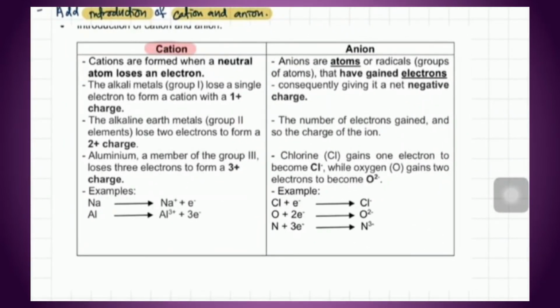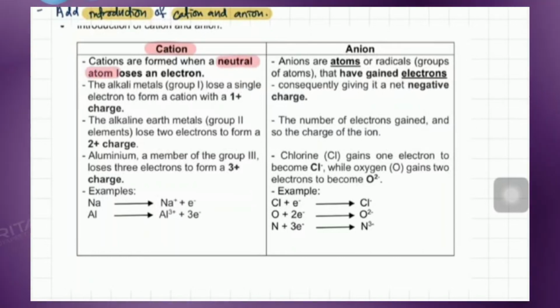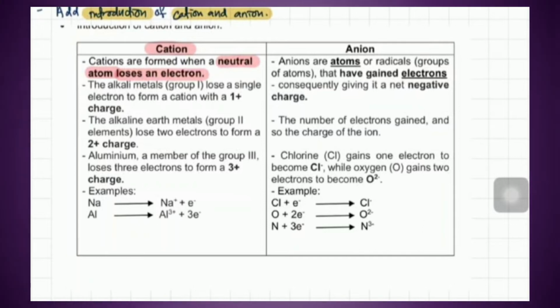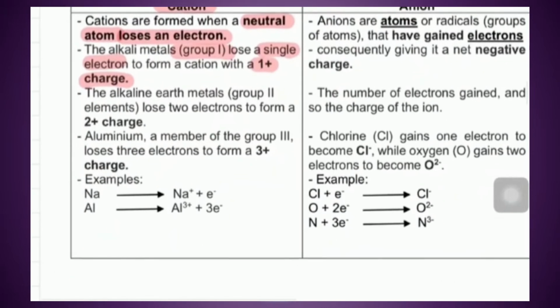Cations are formed when a neutral atom loses an electron. The alkali metals or group 1 lose a single electron to form a cation with a positive 1 charge. The alkaline earth metals or group 2 elements lose 2 electrons to form a 2+ charge.